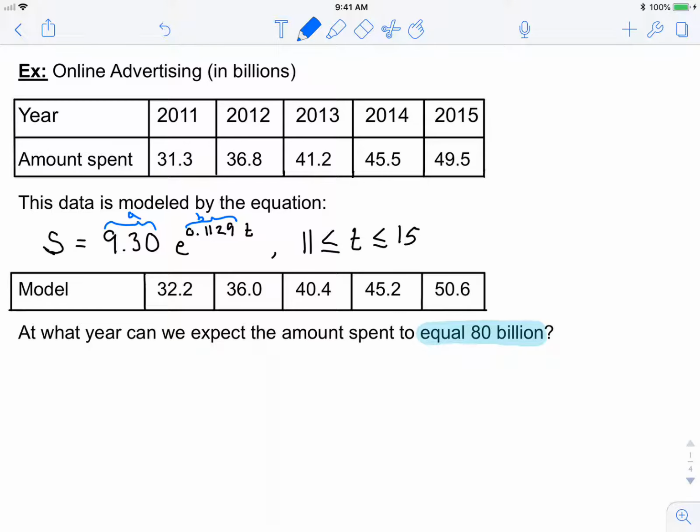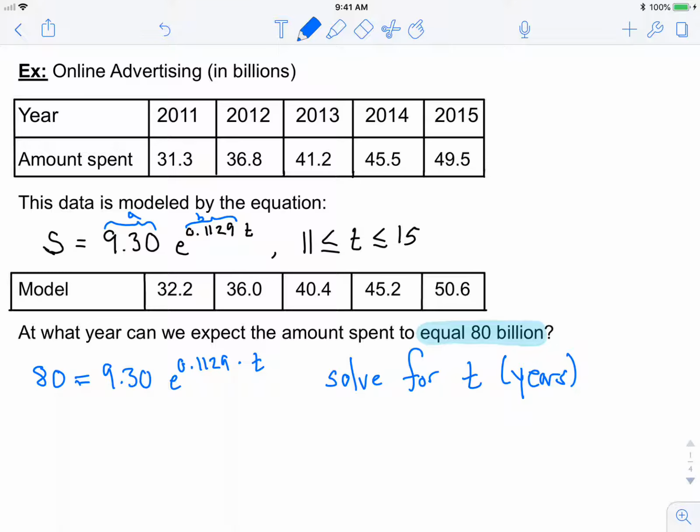We want our output to be 80. And remember, this represents 80 billion here. Our a and our b have already been found. So this is 9.3 times e to the 0.1129 times t. And we want to solve for t, since t represents the years.